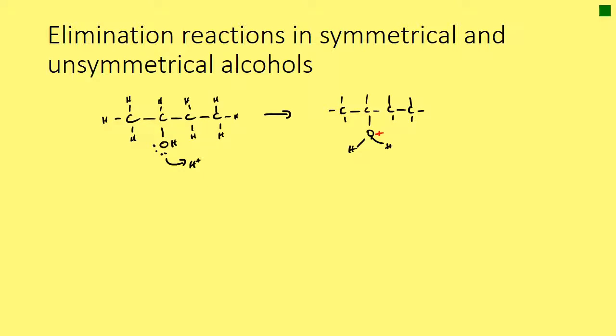Let's leave the hydrogens off, save a little bit of time. So next, of course, the electrons that are in this bond gravitate towards the oxygen, and that becomes a good leaving group, so the water molecule leaves.